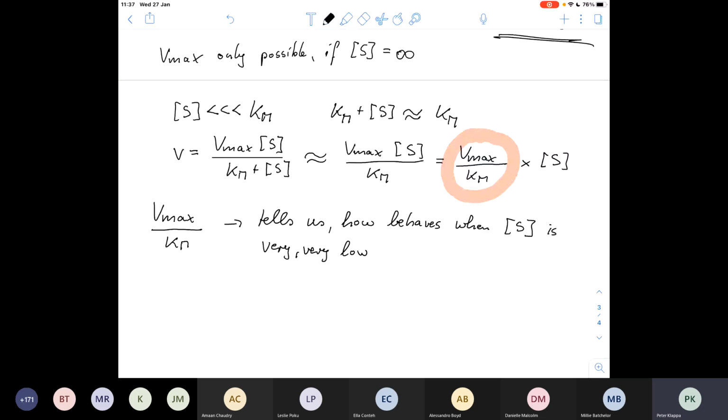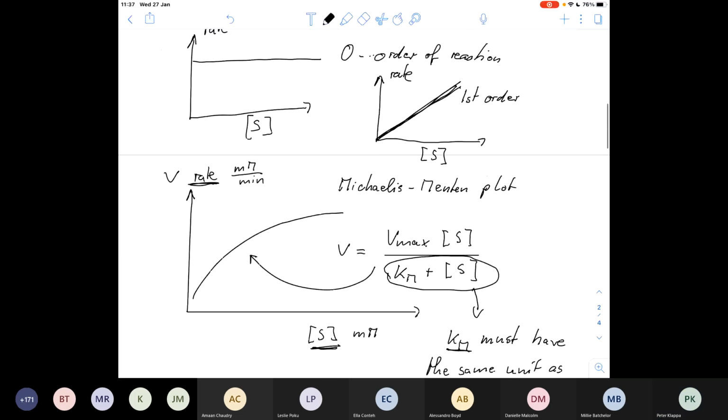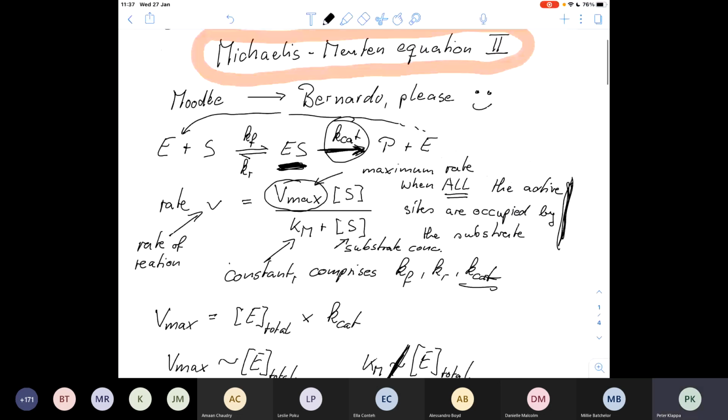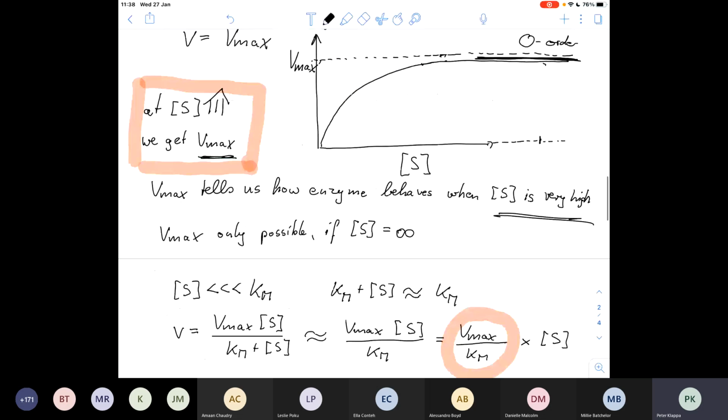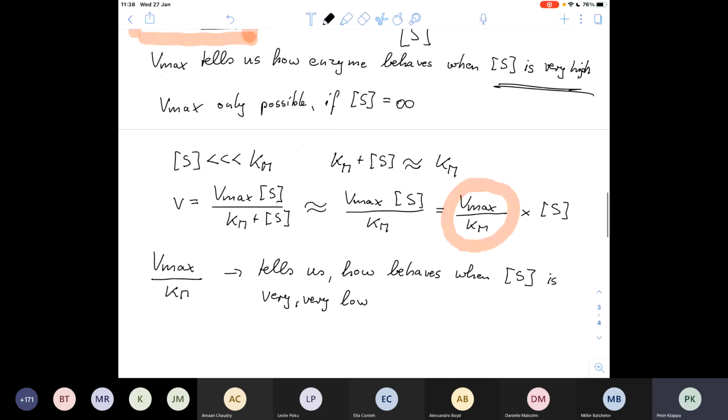As soon as one enzyme molecule loses its substrate because it starts a new cycle, as soon as an enzyme loses the substrate and goes back, it's no longer in this ES complex, and therefore we are not at Vmax. So we can never, ever reach the true Vmax, but we get very, very close to it.